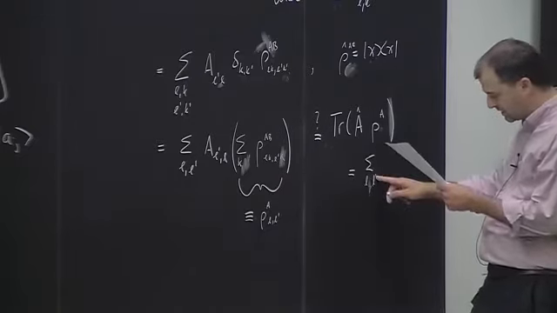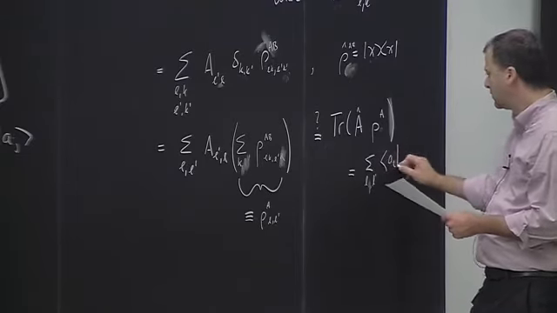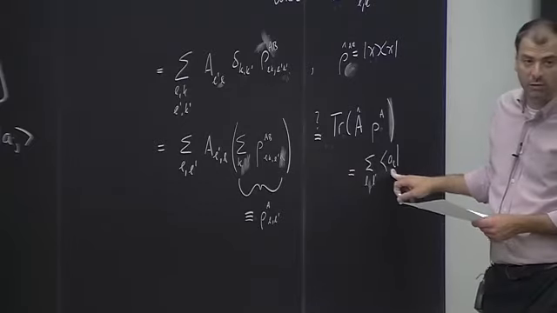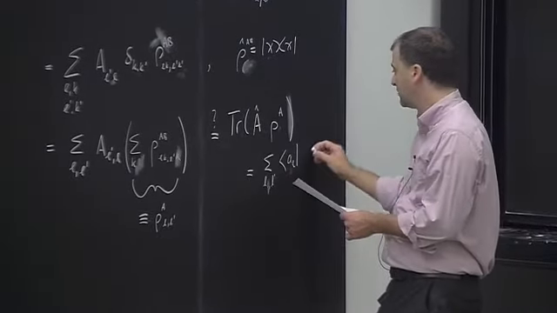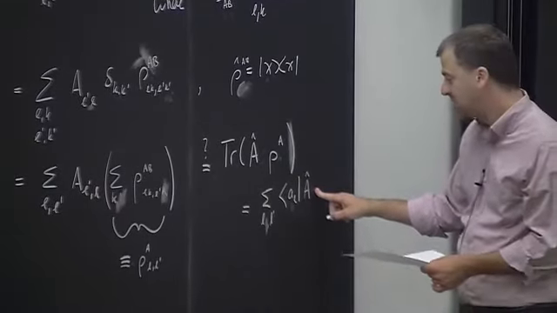So here we have a sum over L, L prime, and we evaluate the trace by doing a complete basis, but now our complete orthonormal basis is just for system A, right? And then here we have an A, and then we're going to insert an identity.